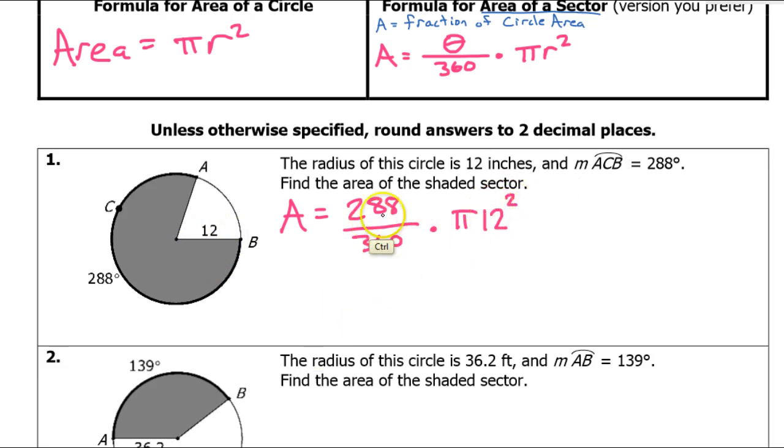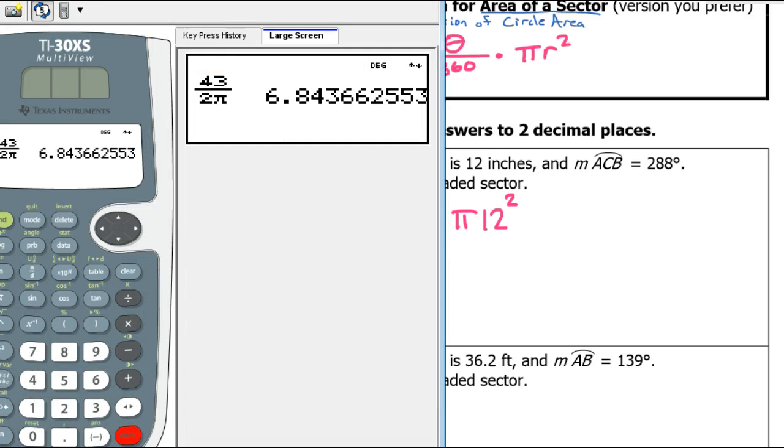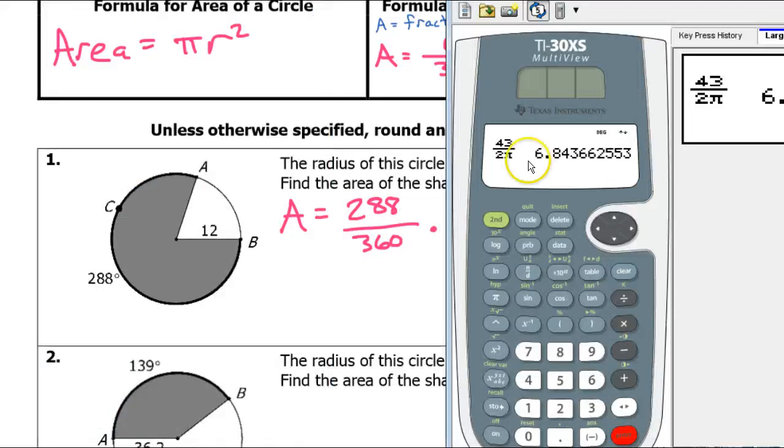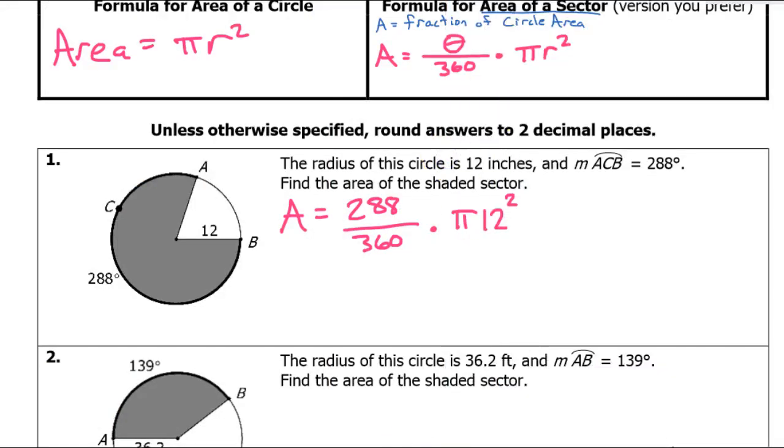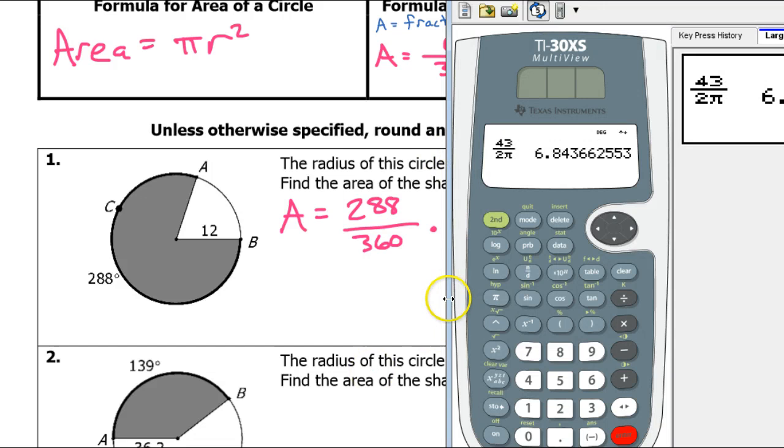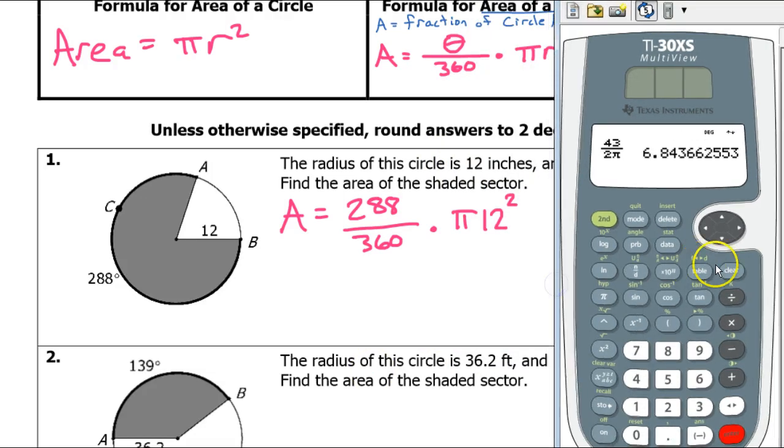I like to reduce this if I can. Well, you know what? Maybe I won't. Round to 2 decimal places. Because all I want is the area, I think I will just type this entire thing into my calculator right now. That's probably going to be the easiest thing to do.